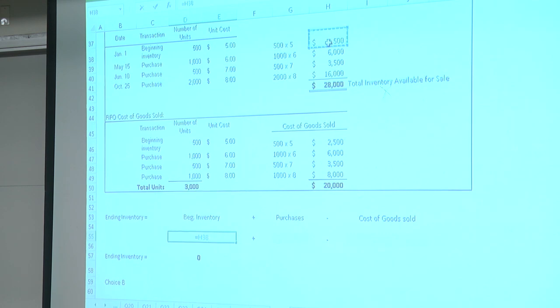Our beginning inventory was the 2,500. Our purchases is the sum of all three of these. And our cost of goods sold, we calculated in the previous table, is 20,000. And so our ending inventory, if we take beginning inventory, add purchases, and subtract the cost of goods sold, gives us ending inventory of 8,000. There are two different ways to approach the same question.